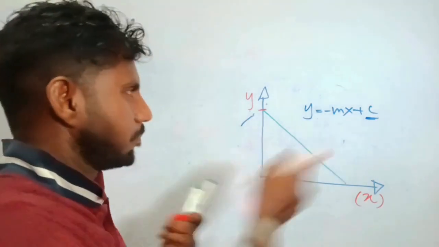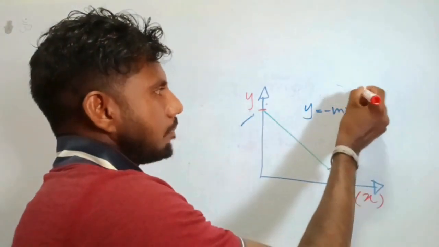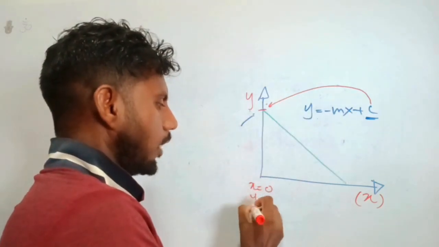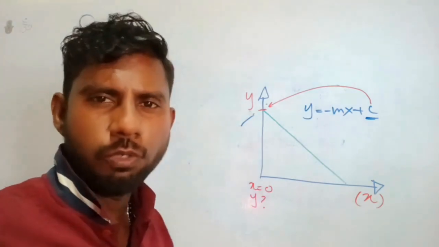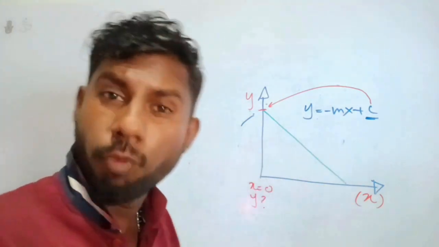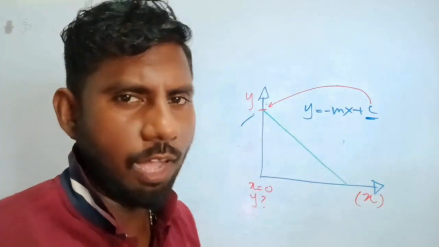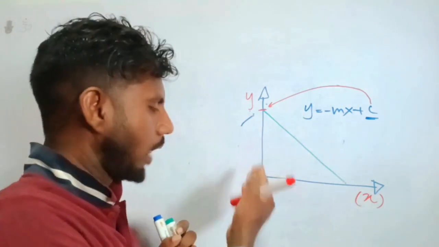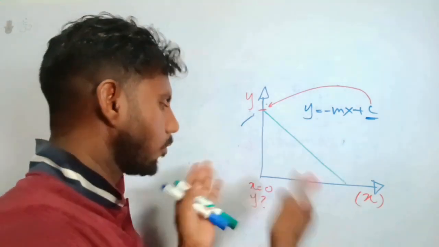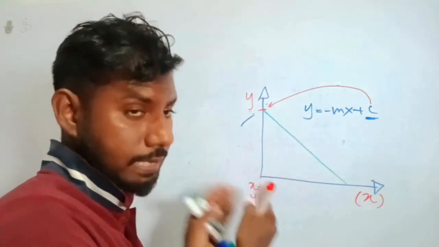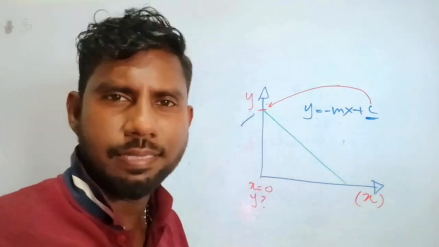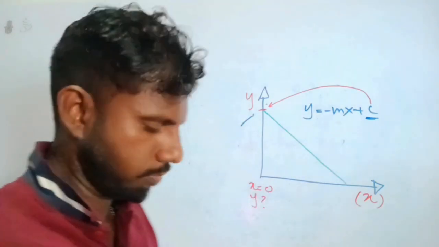So here the gradient, the intercept is c, so that means where x is 0, the value of y. If you cannot figure out the proper equation for the graph, what you have to look at is the value of x and value of y. So you have to look at where x is 0, what is the value of y. From things like this you can get to the answer, right?